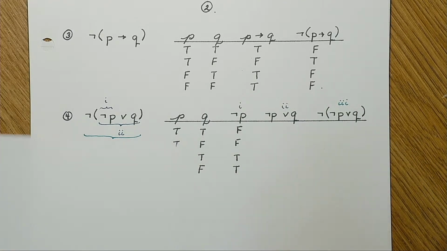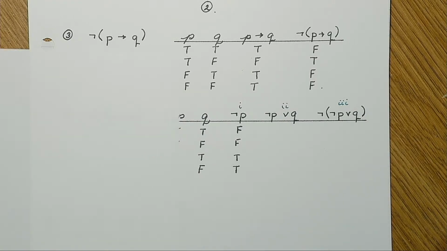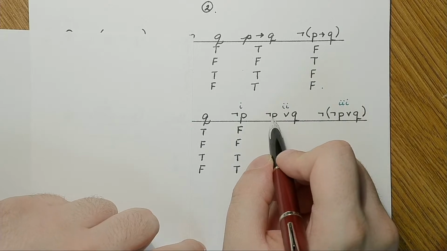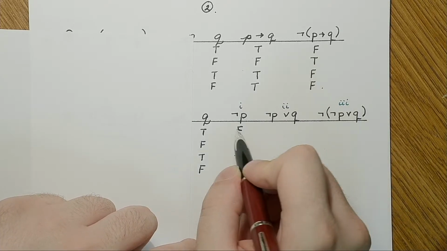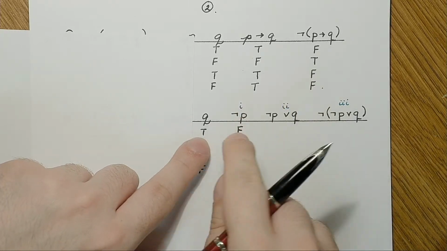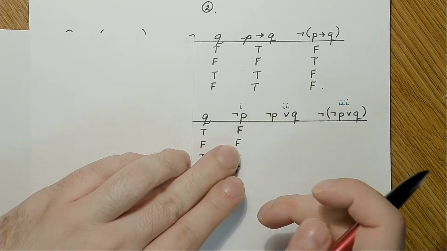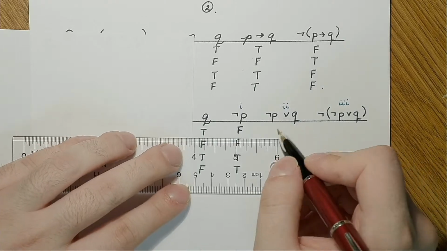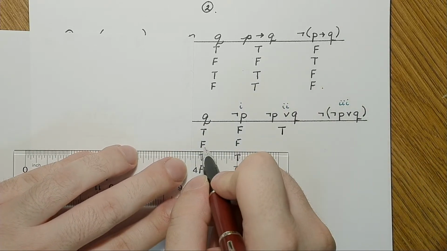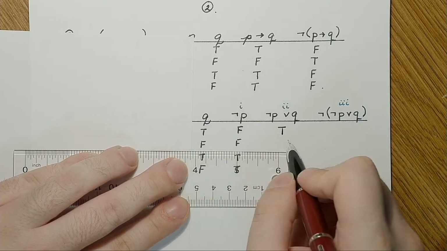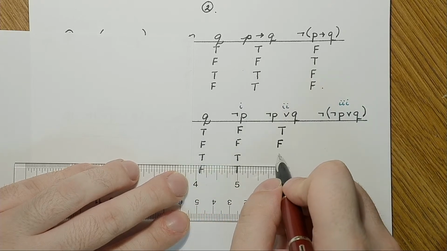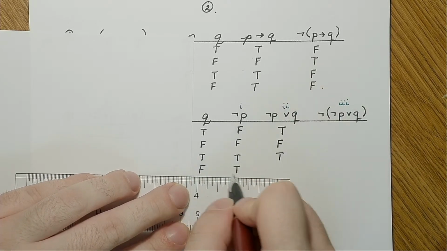Let me just cover up this part. So I have the not P or Q, so I'm looking at this one and this one. It's either this one or this one that has to be true. So there's at least one, so this is true. This one, I don't have any, so that means this is false. I have two true, so that's true. And I have at least one, so this is true.